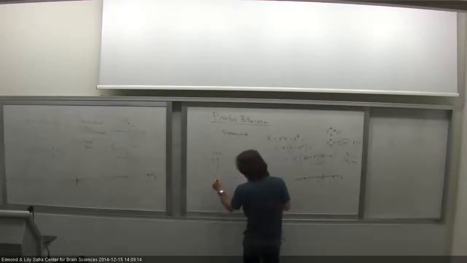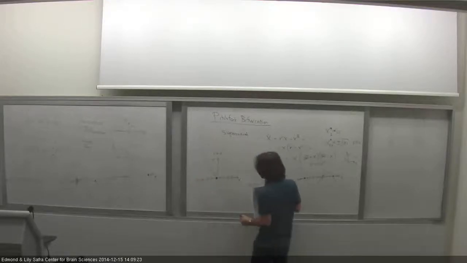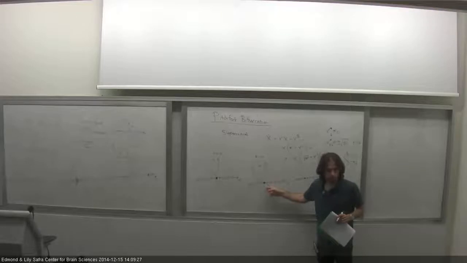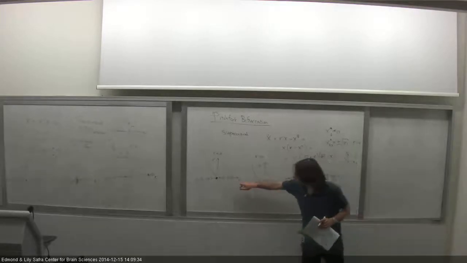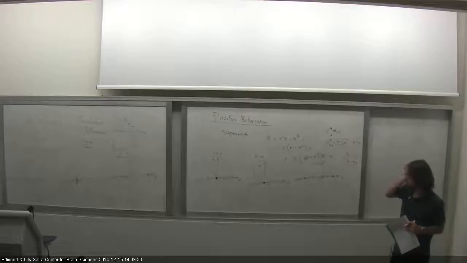So again, I have a stable fixed point. Only now the decay is not slow like here. Here the slope of this curve was 0. This is why the decay was slow. Here the slope is not 0, and the decay is an exponential type decay.